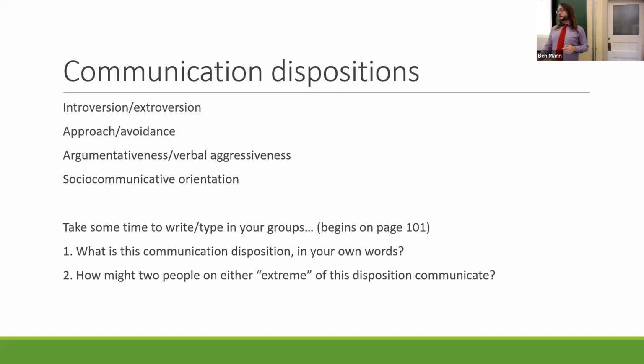And then socio-communicative. So socio-communicative orientation goes back to a lot of studies that have looked at gender differences in communication.